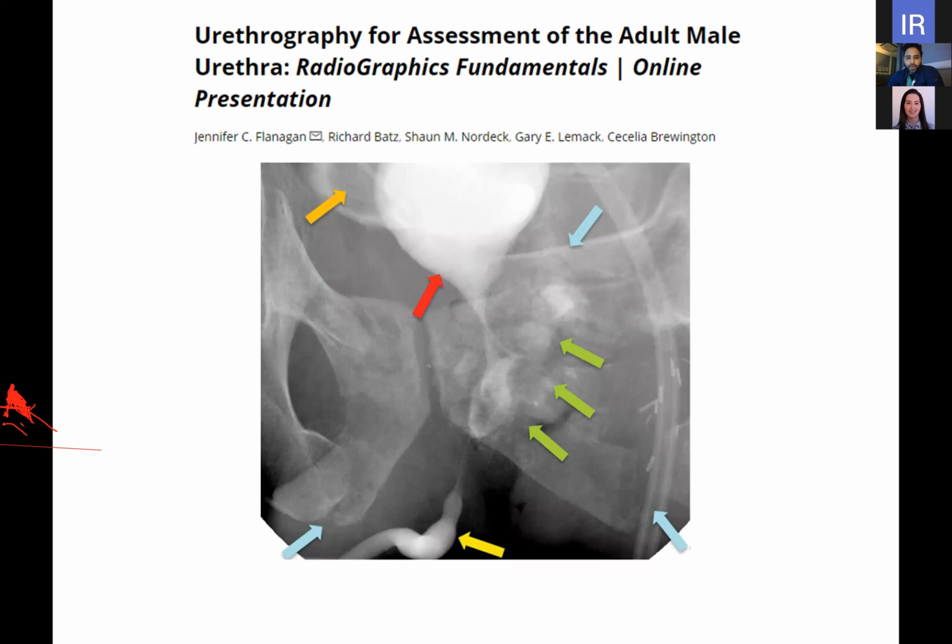So what else, other than a significant leak, do you see in this image? If you just type in what you think has happened here. What do you guys think of the bones?